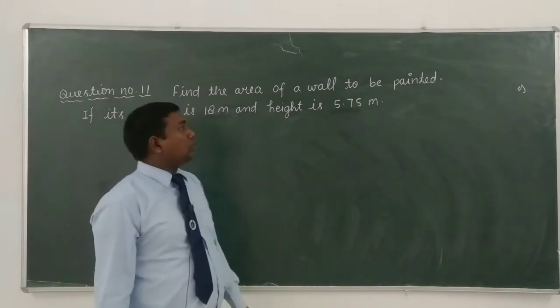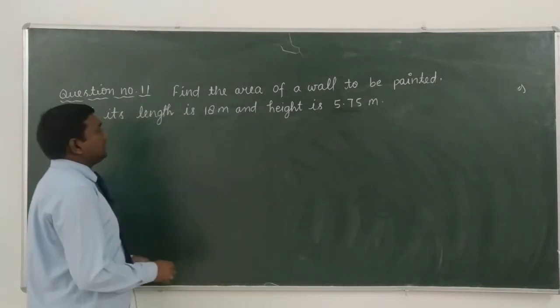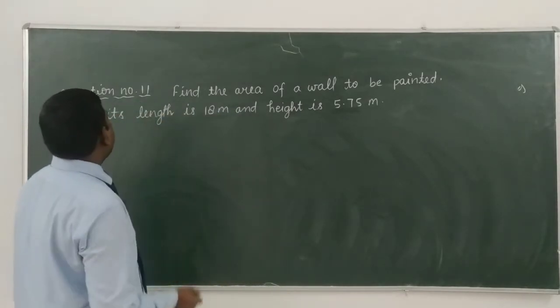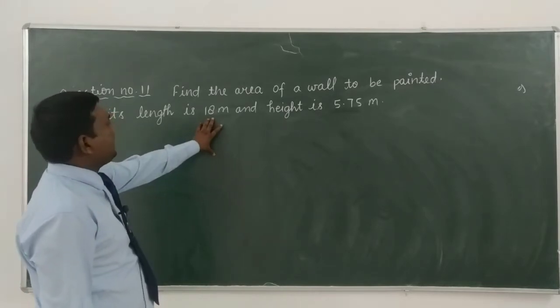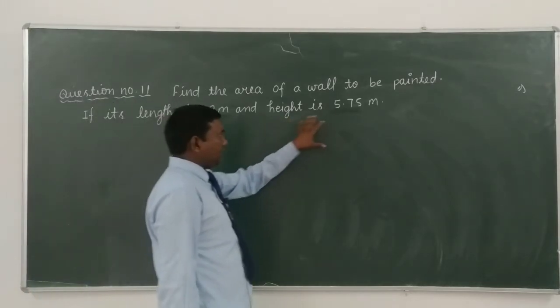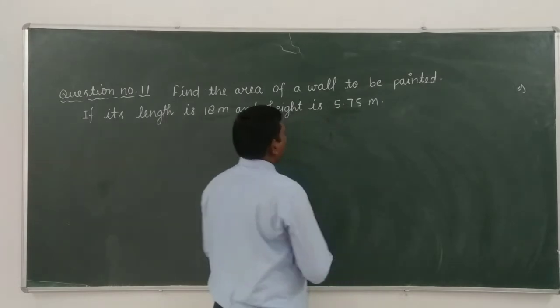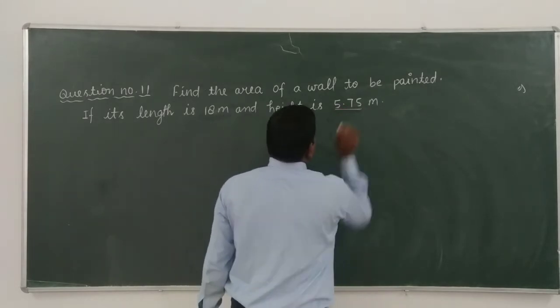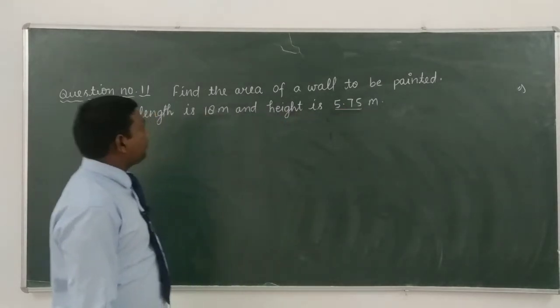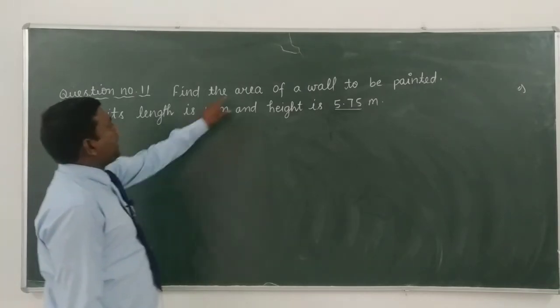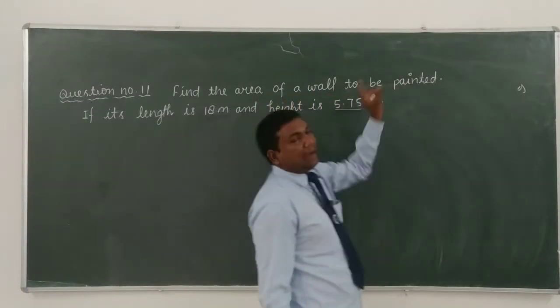Okay dear students, look at here carefully. In this question, here given that the length of a wall is 18 meter and the height of a wall is 5.75 meter. Okay, in this question we find the area of a wall to be painted.